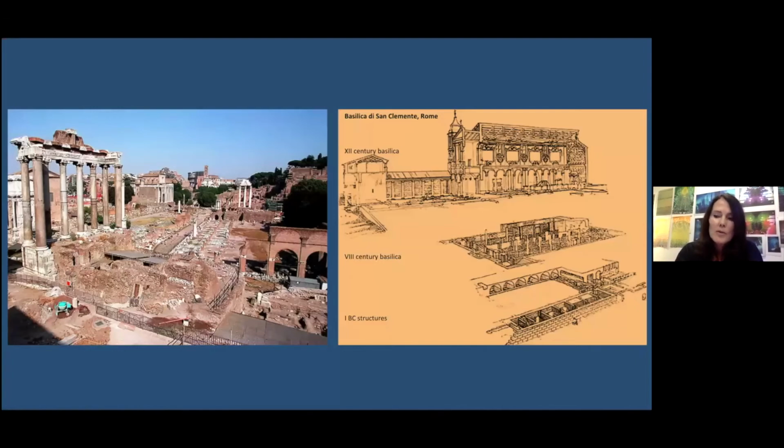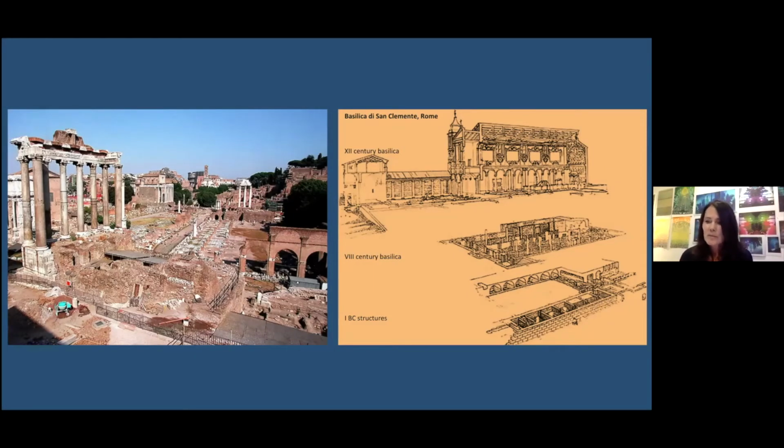The idea of layered sculptures came to me during my fellowship in Rome, where I studied maps of Rome and observed archaeological excavations that revealed layers of history and architecture. One of the examples that inspired me was Basilica di San Clemente, that contains more than 2,000 years of history.